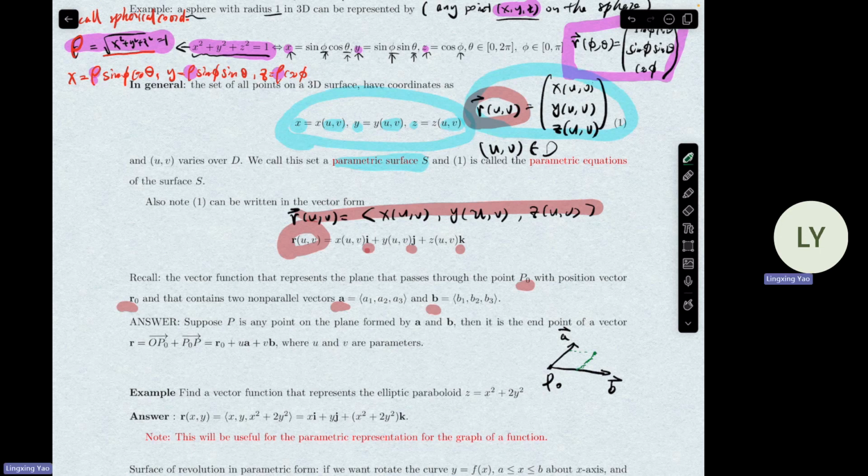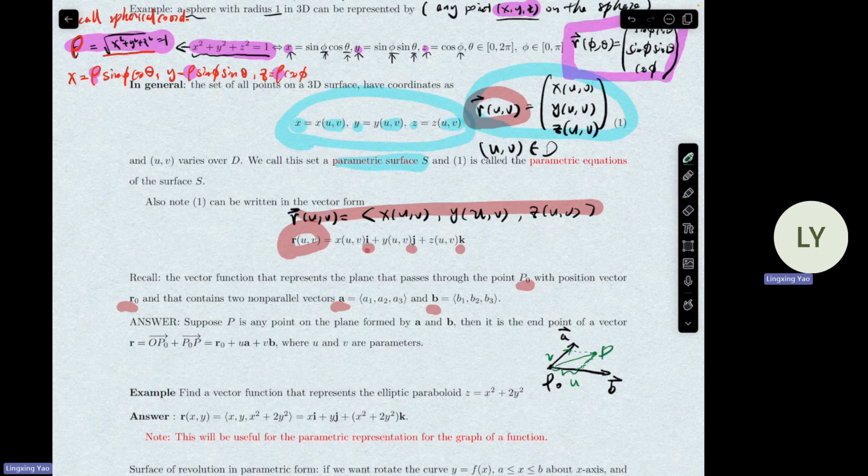This is a parameter u, and then we have this parameter v. So we scale vector A and vector B, then add them together. Then we get this arbitrary point P inside of this plane.